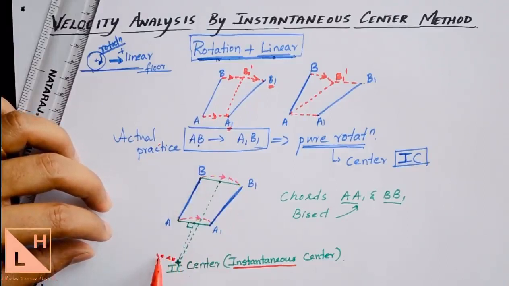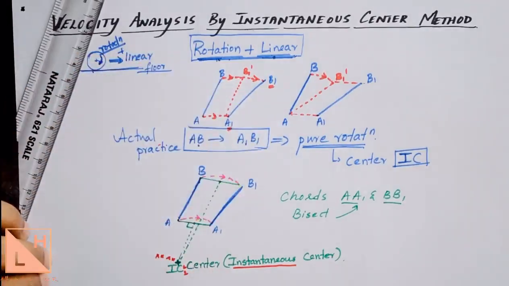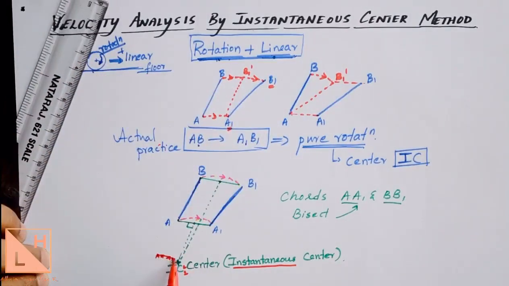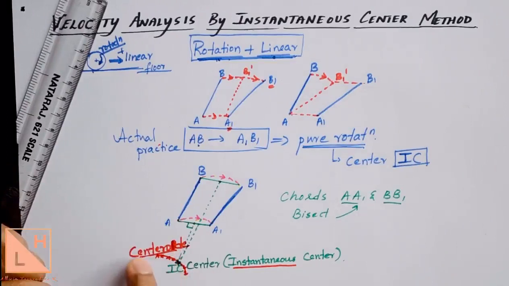When you connect all those instantaneous centers, you get a locus. That locus is called the centroid. So the centroid is simply the locus of the instantaneous center for the particular motion of that link.